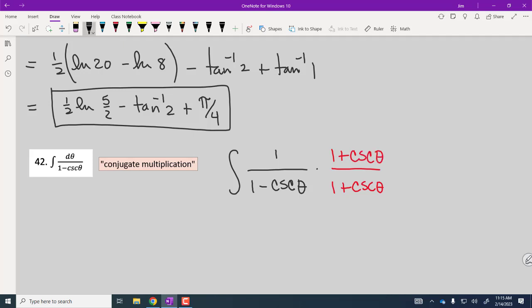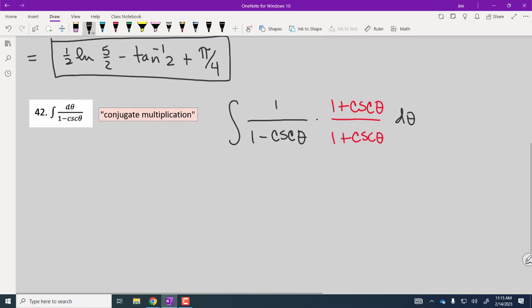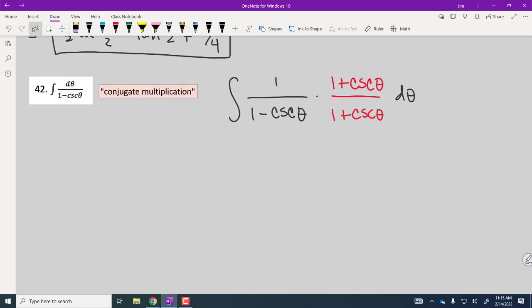Once again, we're simply multiplying by 1. Multiplying by 1 is our trick. Okay, this gives us 1 plus cosecant in the numerator. And in the denominator, we have 1 minus cosecant squared of theta.